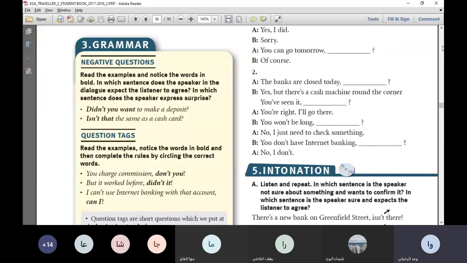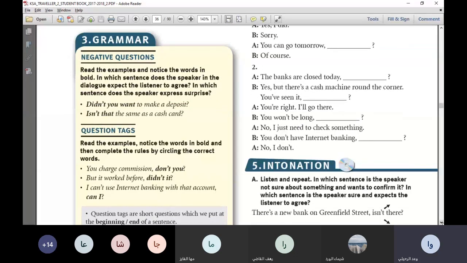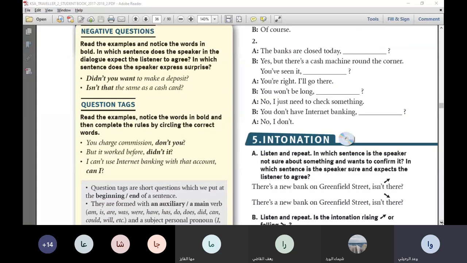And then we have the question tags. The question tags are like a magnetic question. There is the sentence and then the question tag, which is a short question. So I will give you the sentence, "You charge commission." For this sentence, you should ask about two things: in which tense, and is it affirmative or negative?